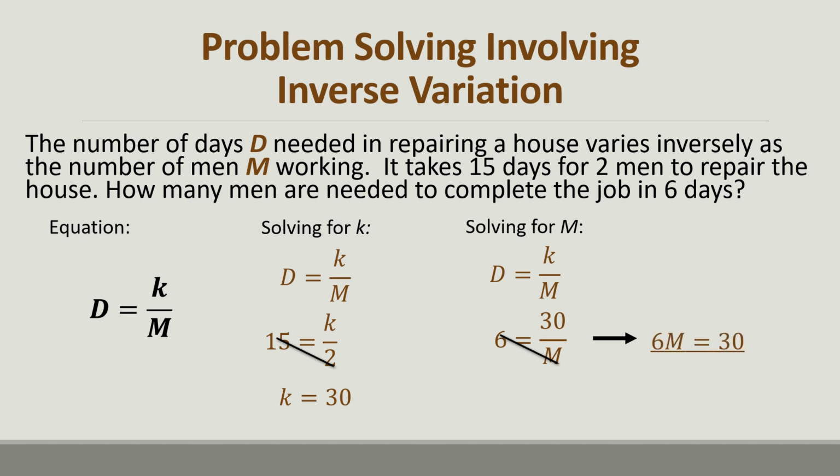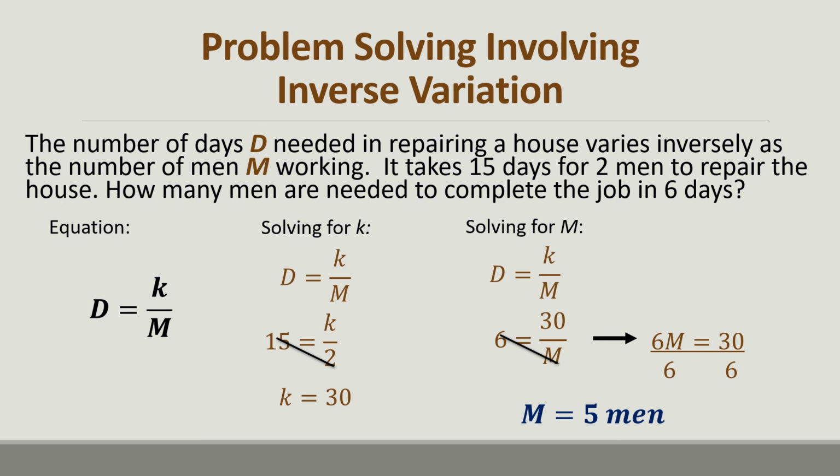All right, and then on the left side we have 30. So 6M equals 30. We divide both sides by 6, and from here we can say that M is equal to 5. So in conclusion, do not forget to always end your solution with a conclusion. So in conclusion, we can say that 5 men are needed to complete the job in 6 days.